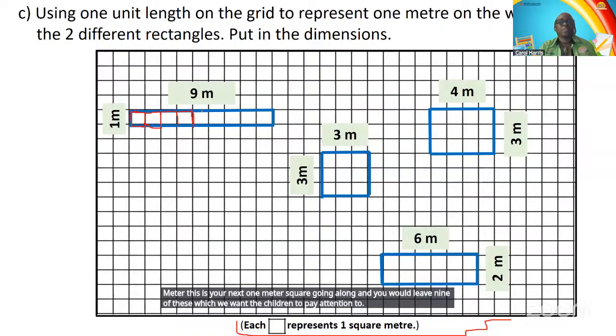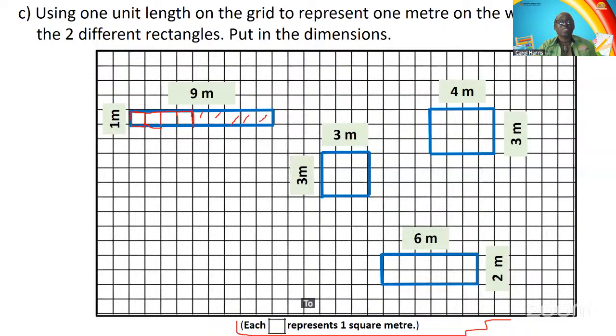Thank you for that, Miss. I could just shade them to show that you would have done the 9 of them. Notice that inside of that rectangle, I have 9 squares.